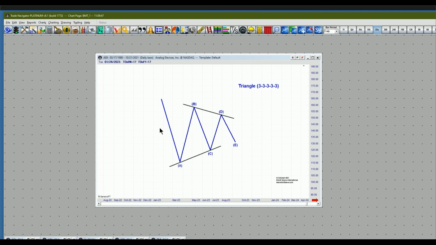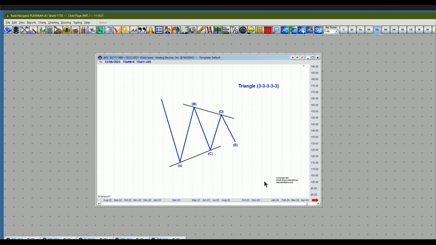So on more than one occasion, I'll be looking at a triangle and looking for that wave E to bottom. Then we start moving up and I get all excited because wave E is done. And then we come down, boom, like that, and fall below the extreme of wave C and then the extreme of wave A. And then we reverse higher. And it turns out in retrospect that the pattern you're actually looking at is A, triangle B, and then that's followed by a C. So keep that in mind.